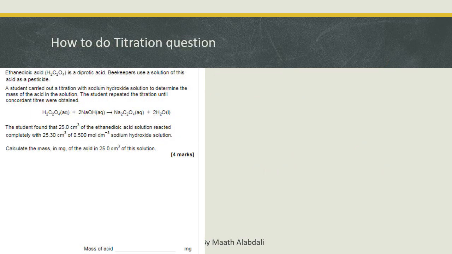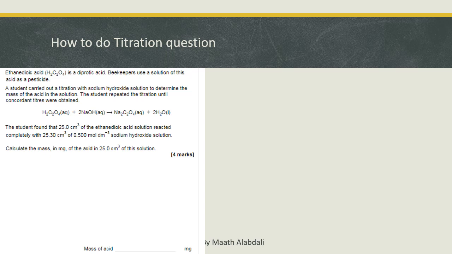So this is the hardest part of topic 5, which is titration. Now, the first thing that you have to do in titration is drawing a diagram, because in the chemistry exam there's no thinking time, so to speak. Basically, you have to be very peaceful and careful at the same time.